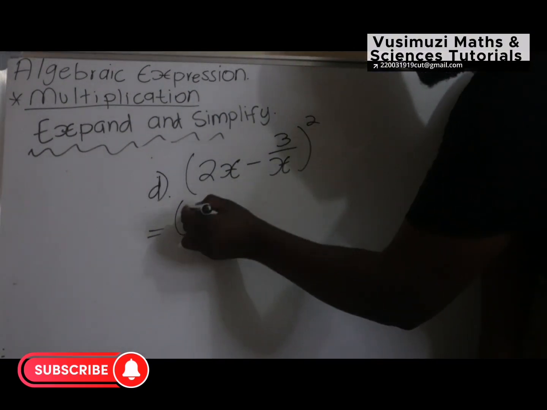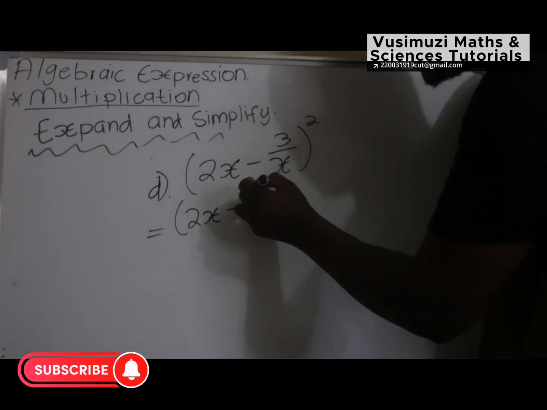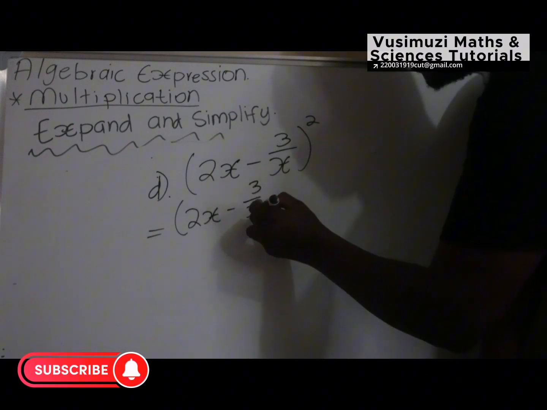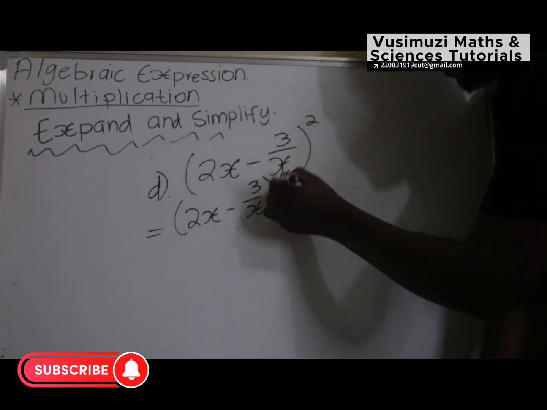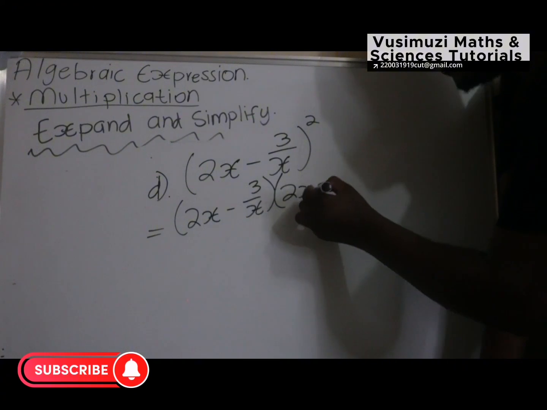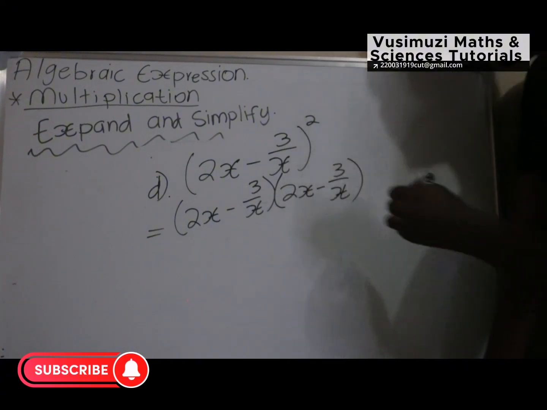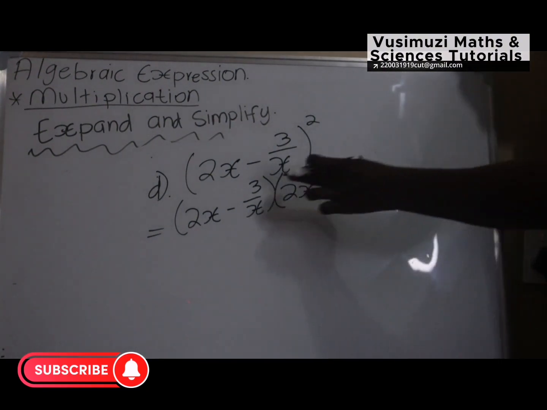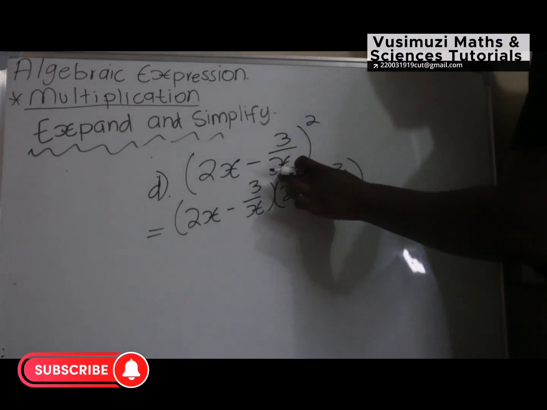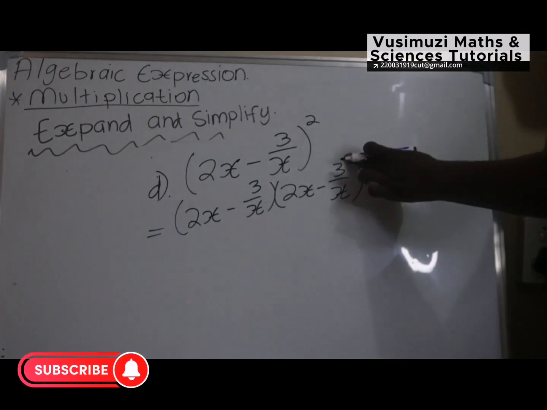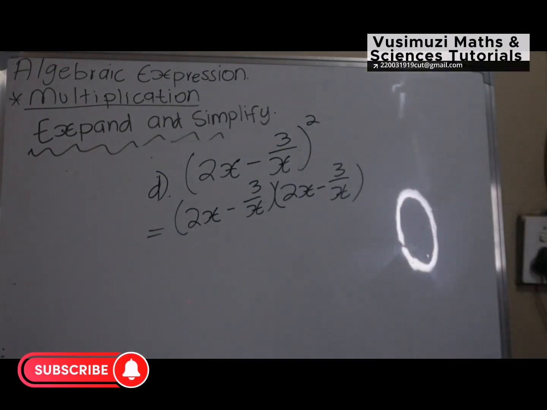You're going to have 2 brackets of (2x − 3/x), close bracket, you open again, (2x − 3/x). We're going to have two brackets of 2x minus 3 over x. Hope I'm clear on that one.